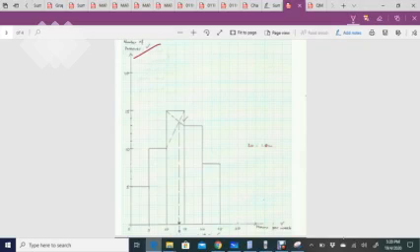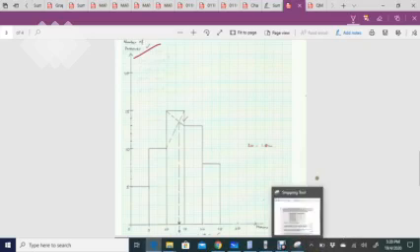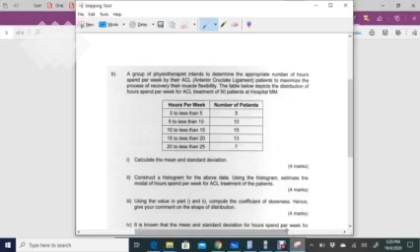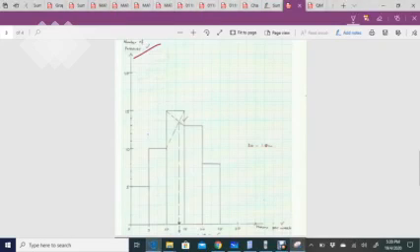Okay, so you just start. Look at the items here. You start from 0. Some of the questions, the variable is not necessarily from 0, so be careful. Since this one is from 0, you start from 0.